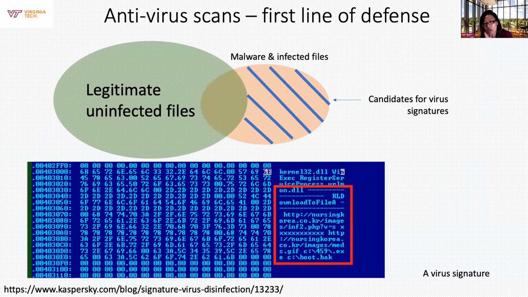So what is a virus signature? A virus signature is just some characteristic string that appears only in malware and infected files, but not in legitimate uninfected files. Here is an example: this URL is part of the virus signature. This is from Kaspersky Lab.